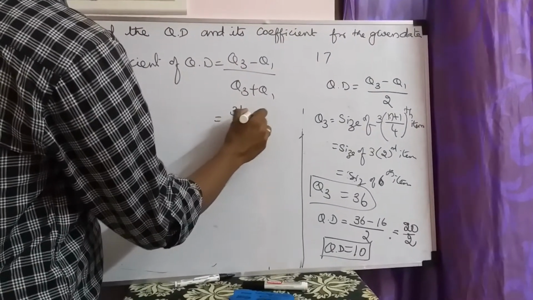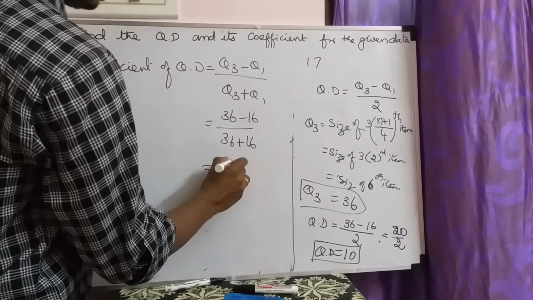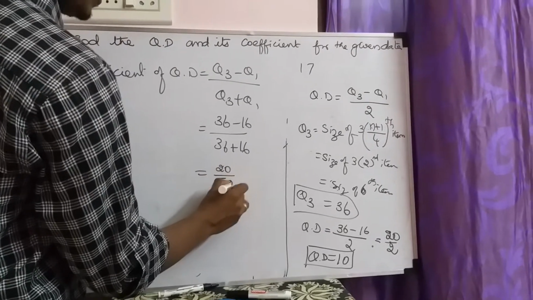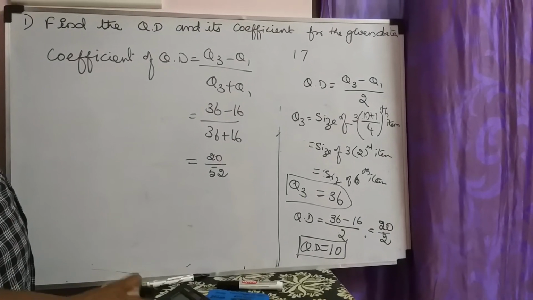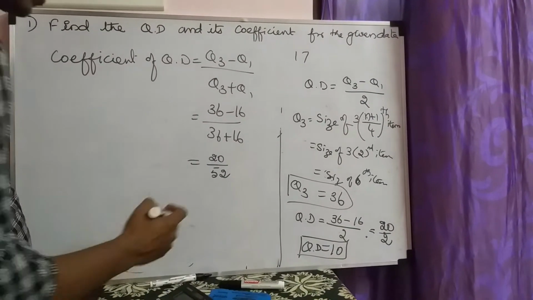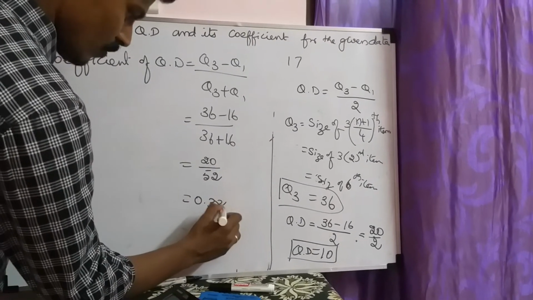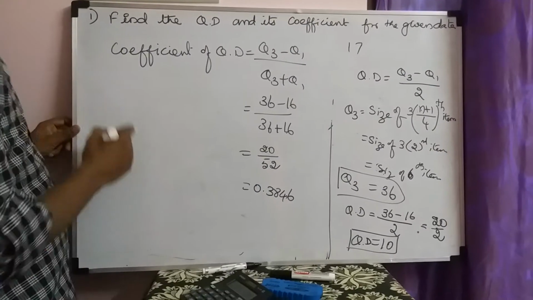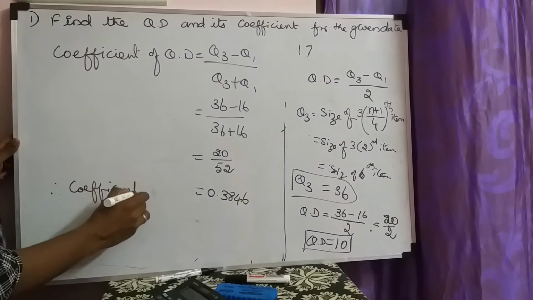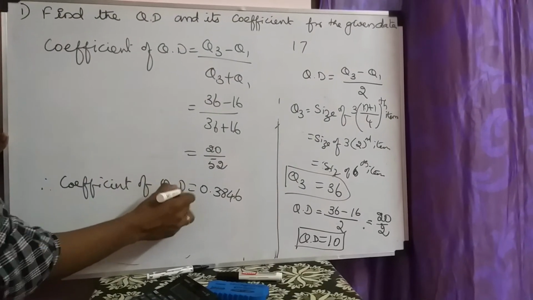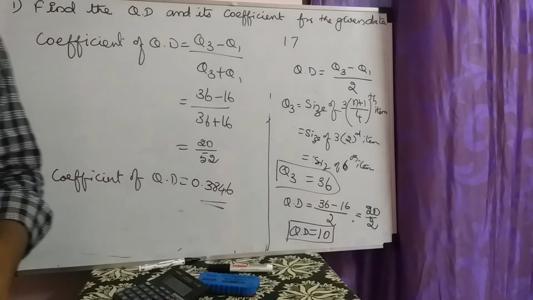Here 36 minus 16 divided by 36 plus 16 is equal to 20 divided by 52, which is 0.3846. Therefore the coefficient of QD is 0.3846. Thank you.